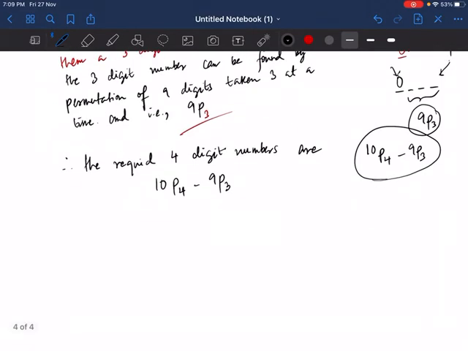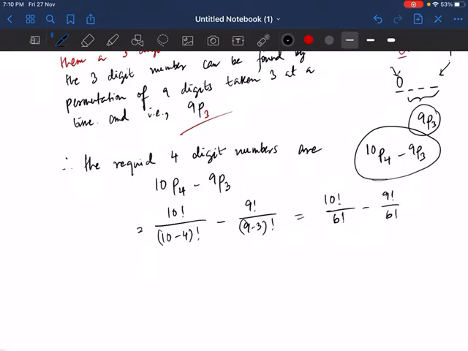So you have to calculate this one. How much are you getting? It will be 10 factorial divided by (10 minus 4) factorial, minus 9 factorial divided by (9 minus 3) factorial. So that's coming out to be 10 factorial divided by 6 factorial minus 9 factorial divided by 6 factorial.